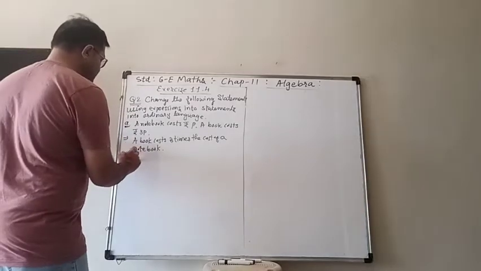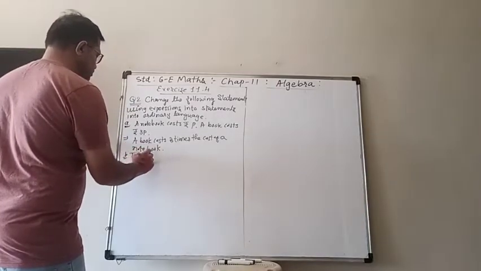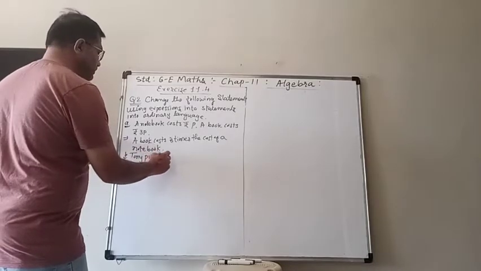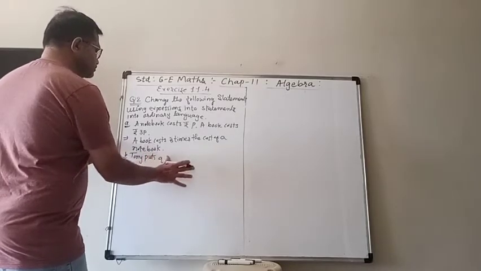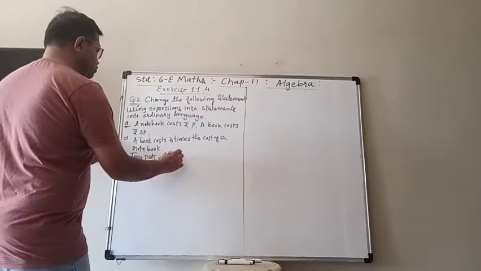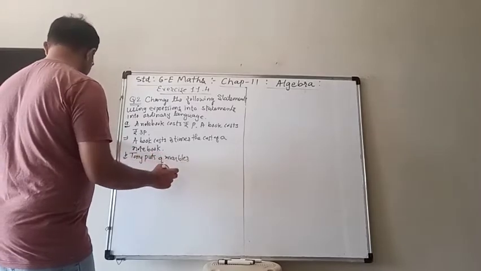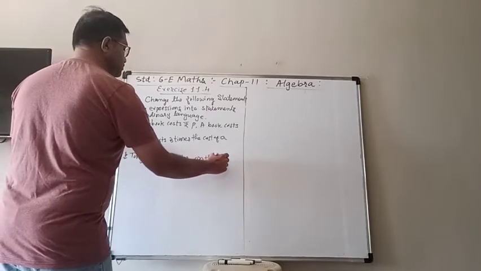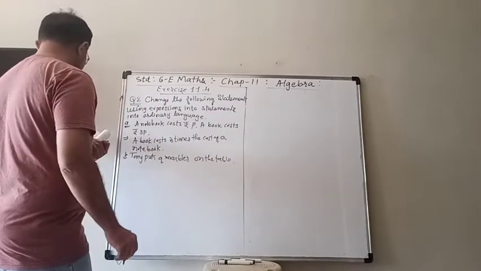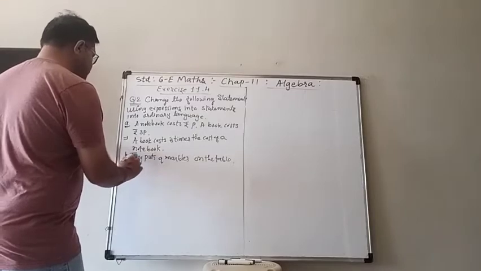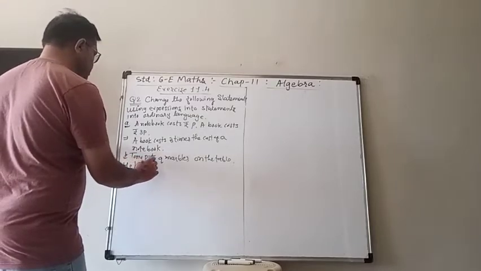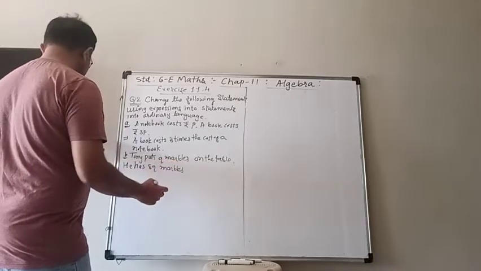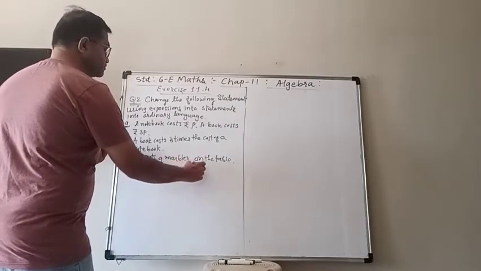Tony puts Q marbles on his table. He has 8Q marbles in his box.